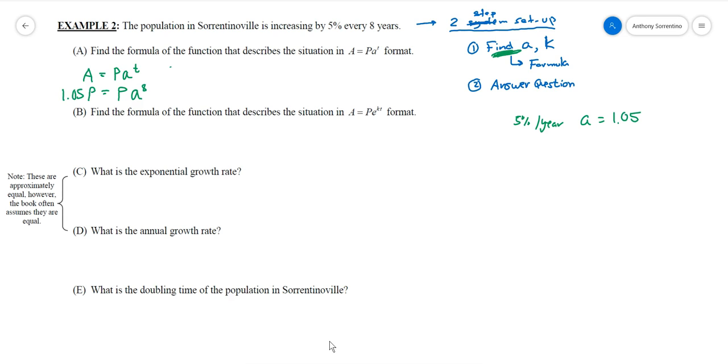And then when I go through the solution process for this, the first thing I would do is divide both sides by P, because I'm trying to figure out what A is, and I would end up with A to the 8th equals 1.05, and then A would be the 8th root of 1.05. For purposes of writing formulas, I'm going to evaluate what that is.